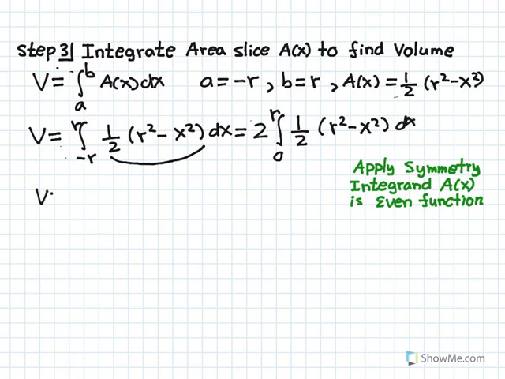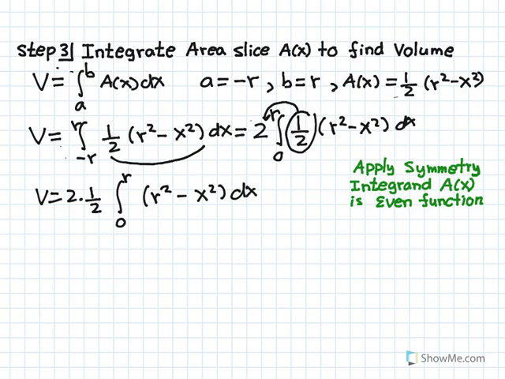And so volume is equal to 2 times, 1/2 is a constant, passes through the integral, 2 times 1/2, the integral from 0 to r of r squared minus x squared dx. And 2 and 1/2 cancel out. We get volume is equal to, what is the antiderivative of r squared? We get r squared x. And what is the antiderivative of x squared? Reversing the power rule, we get x cubed divided by 3, evaluated from 0 to r.